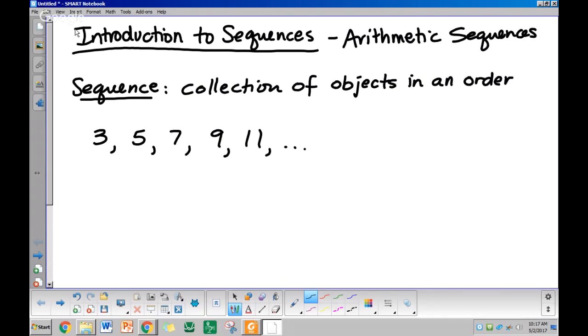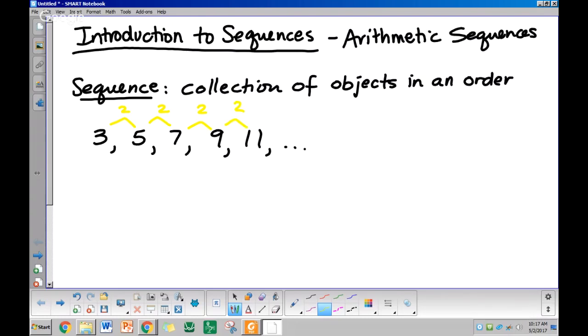Why? Because the difference between all of them is 2. That's right. This sequence has what we call a common difference. This difference here is 2. This difference here is 2. This difference here is 2. This difference here is 2.